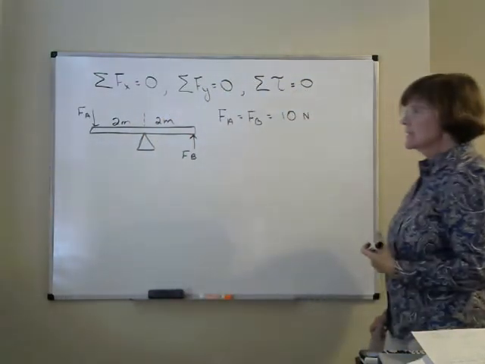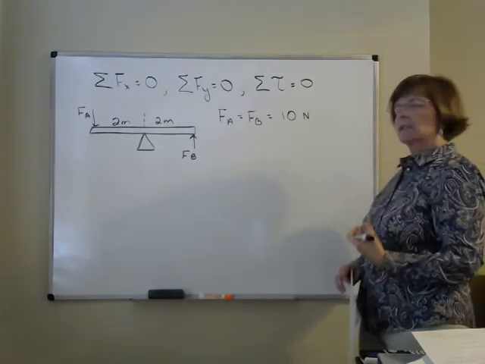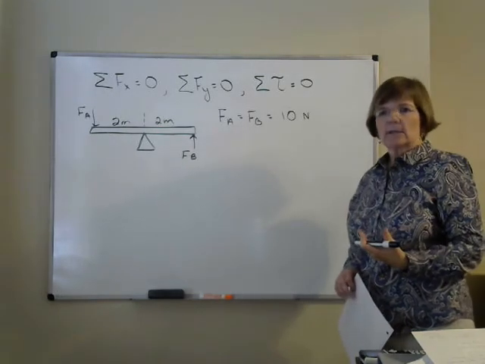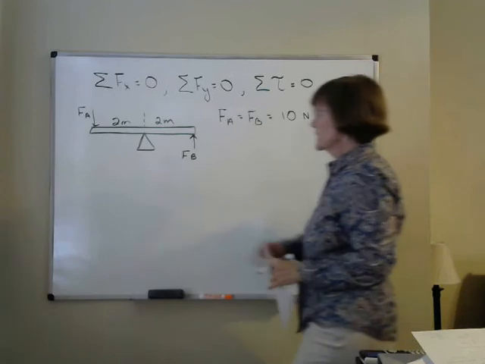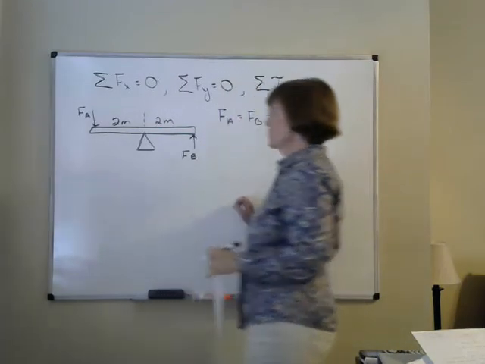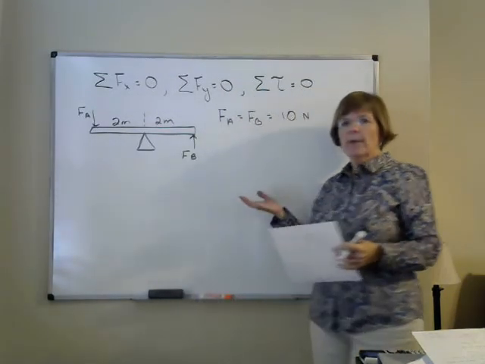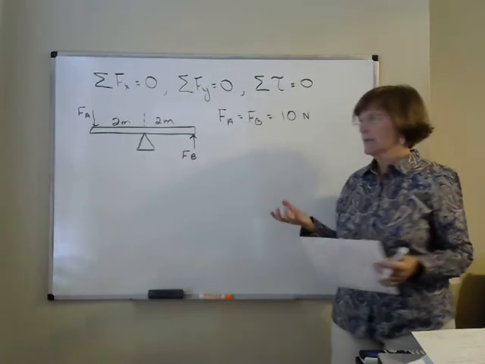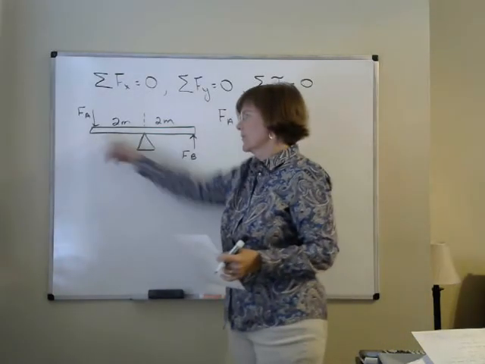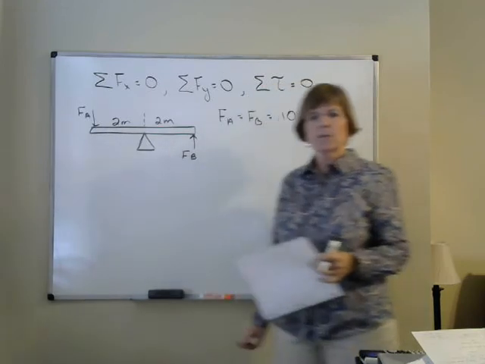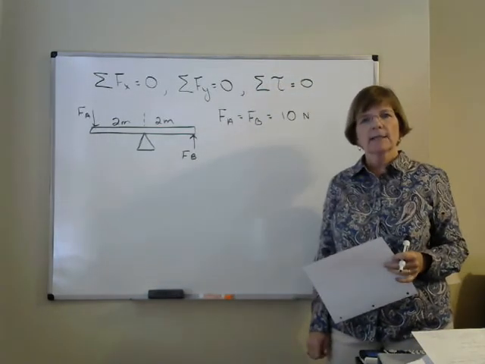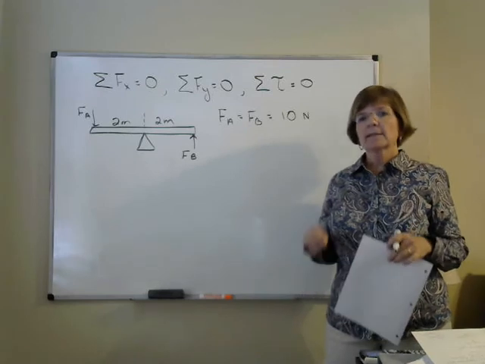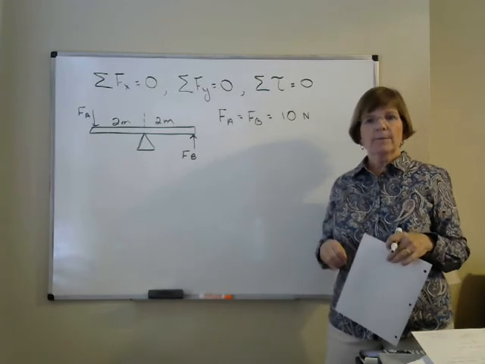What you'll notice is the sum of the forces is still 0. A 10 Newton force pushing down and a 10 Newton force pushing up, they're balanced. But that's not going to be in equilibrium, because if I apply a downward force here and an upward force here, this thing's going to want to rotate counterclockwise. Okay? That's not in equilibrium.